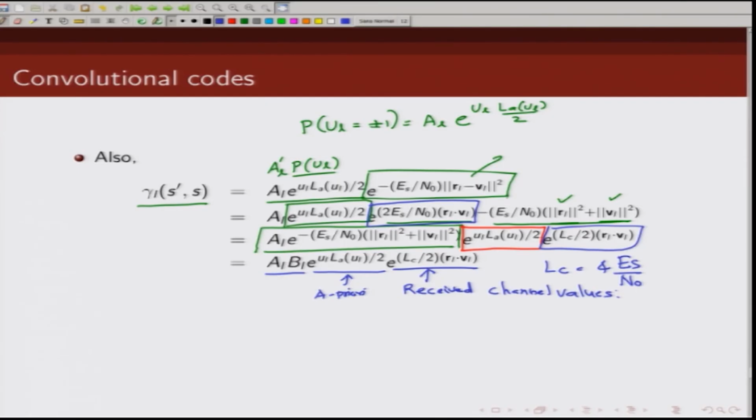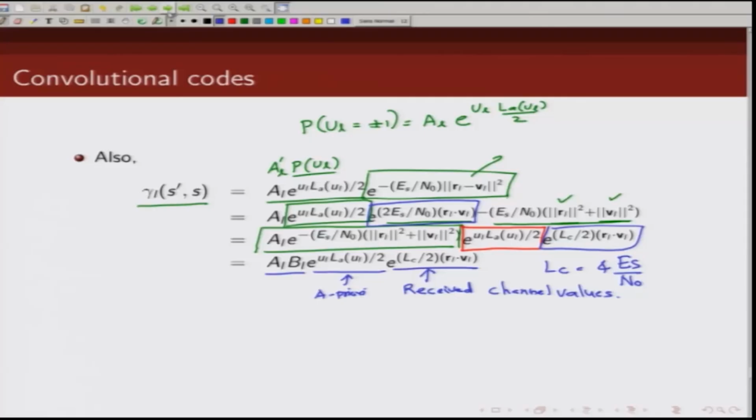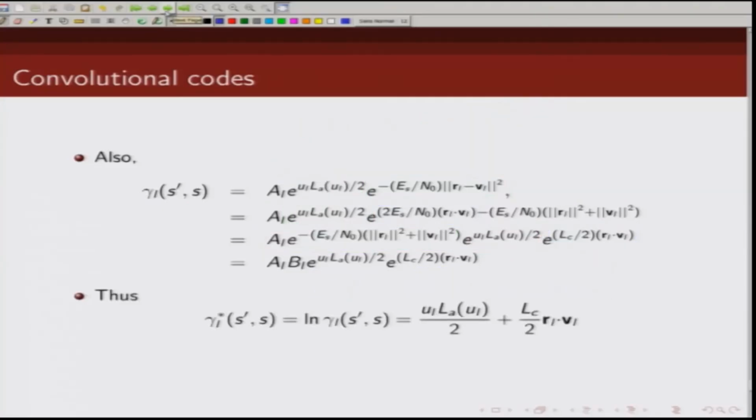So this is a simplified expression for the branch metric computation for our BCJR algorithm if we are considering an additive white Gaussian noise channel. Now, if we consider the branch metric in the log domain, then the log of this constant term we just ignore, because this does not depend on the choice of v_l, u_l.